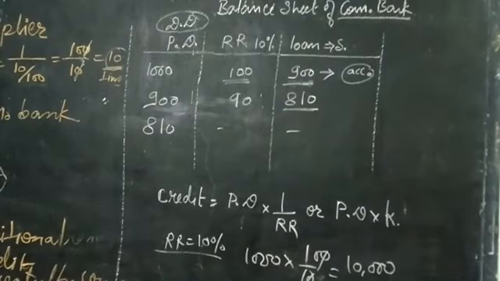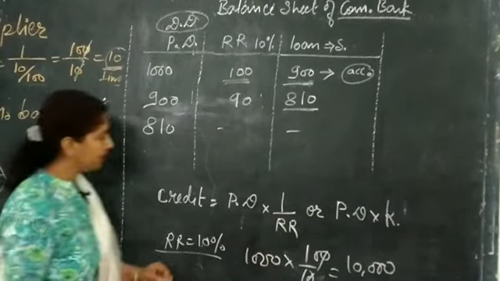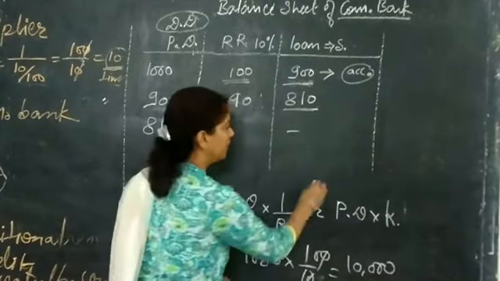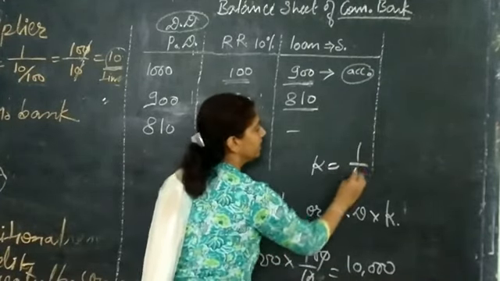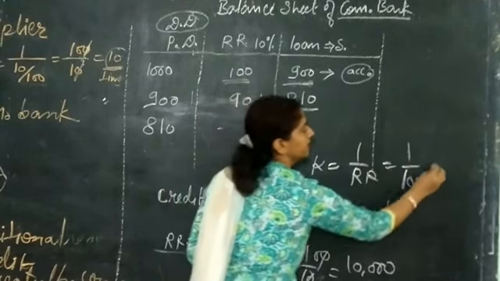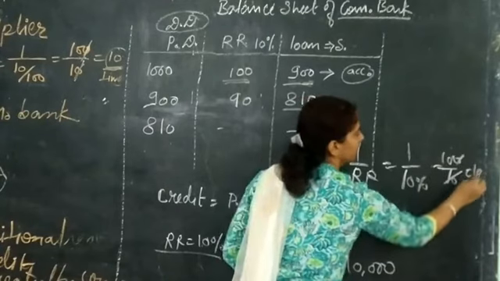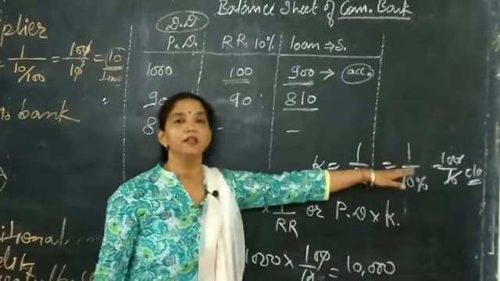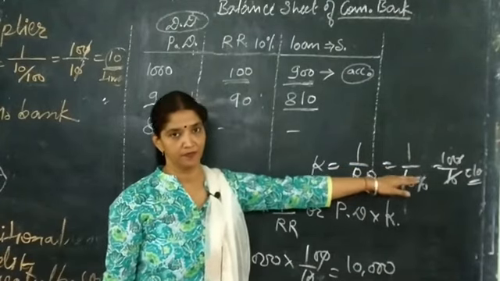The total amount which will be created in the economy is 10,000, because the value of the multiplier is 1 upon RR, which is 1 upon 10%, or 10 times. The value of the credit multiplier is 10 times.